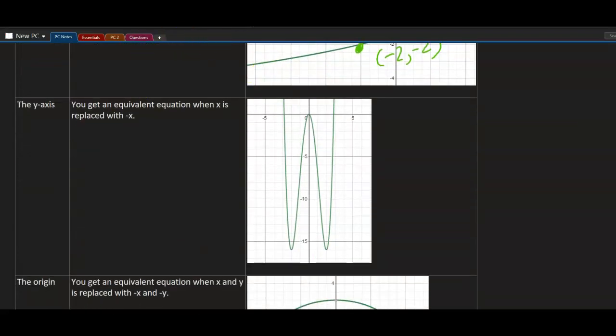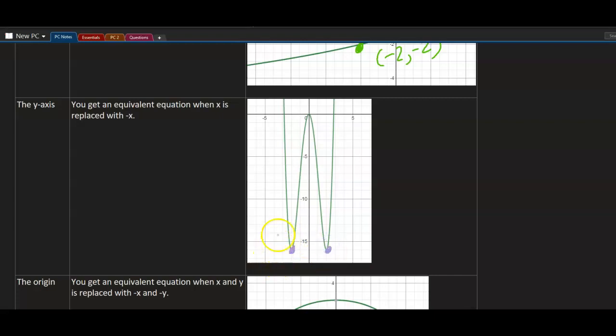Here, this graph is symmetrical with the y-axis, and you can see that this side over here looks exactly like this side over here. We could do the same thing. Let's use this point down here and this point down here.